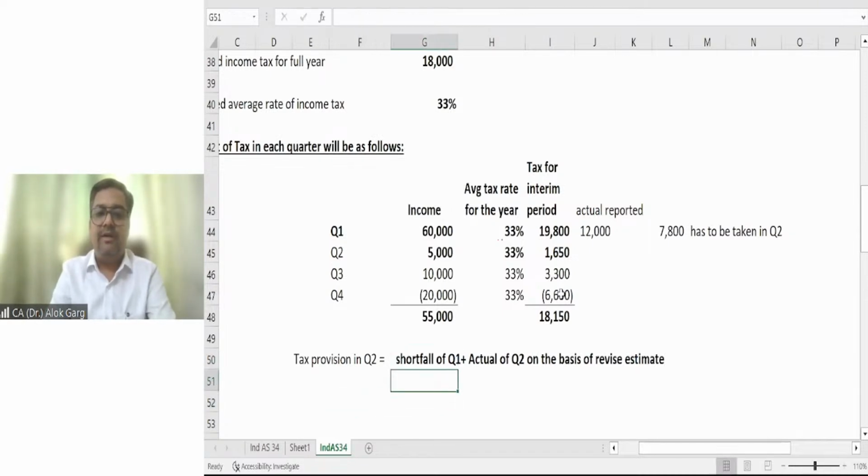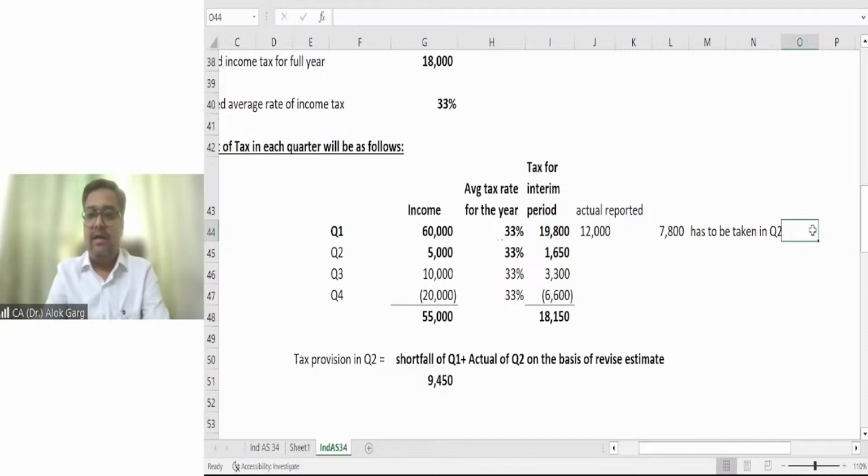So this comes out at 7,800 plus 1,650. So this 9,450 will be the tax provision for Q2. Okay. So how will the numbers look? The numbers will be the tax expense.